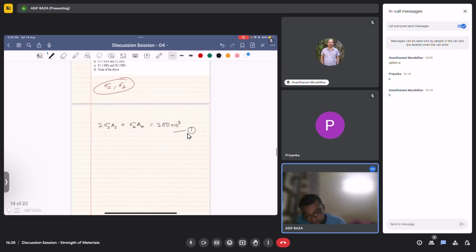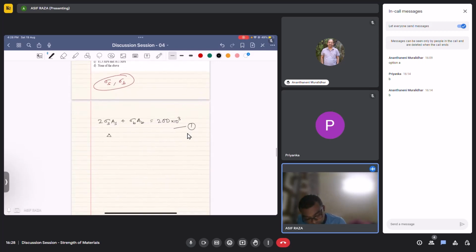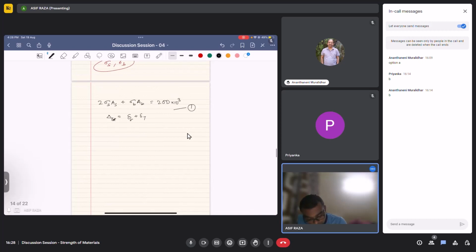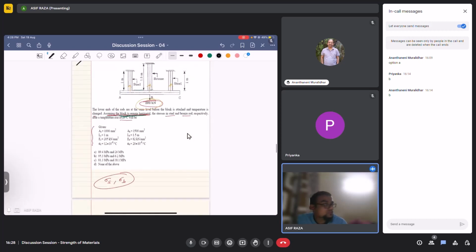So the total extension of the system, delta total, would be due to the stress as well as due to temperature.